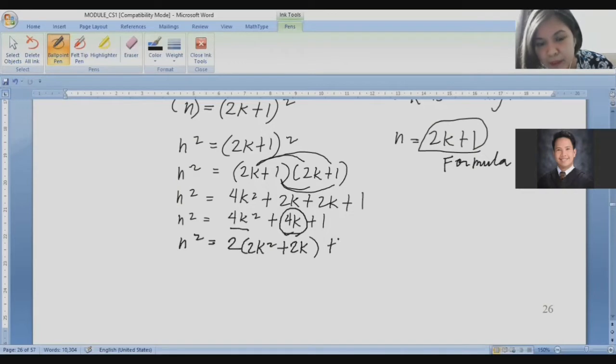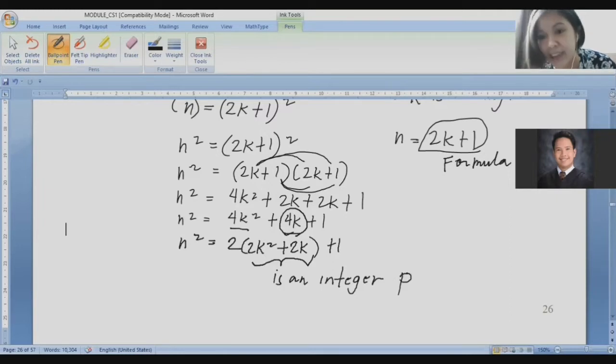Then, copy plus 1. Okay? So, assuming this 2k squared plus 2k taken as 1 is also an integer.